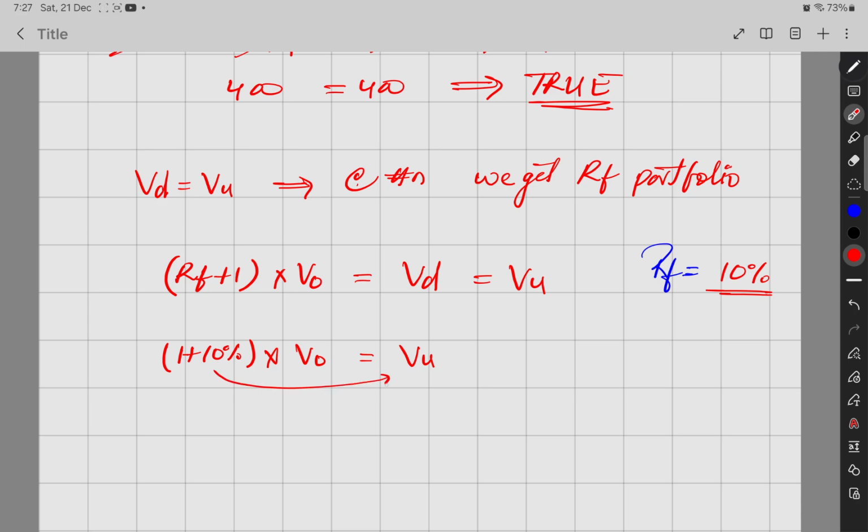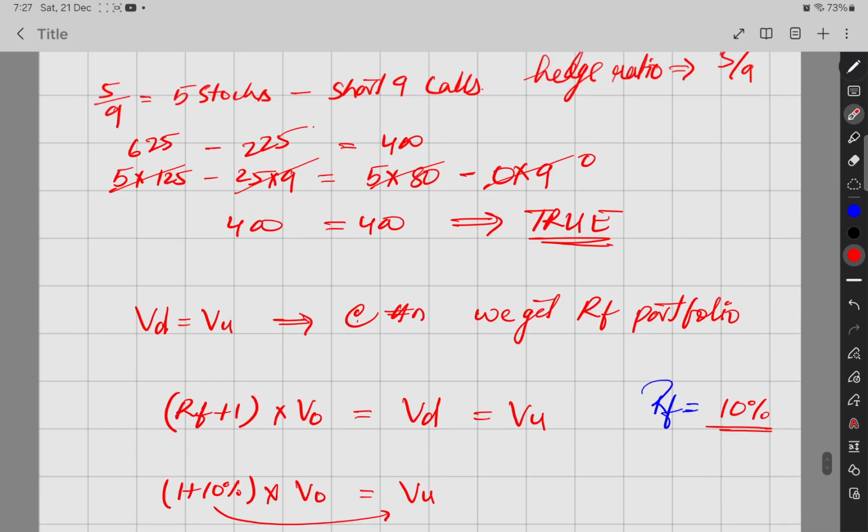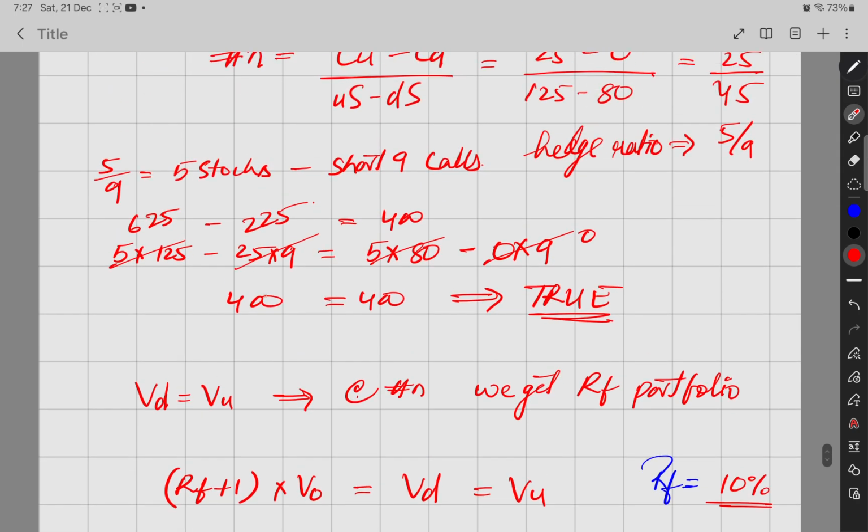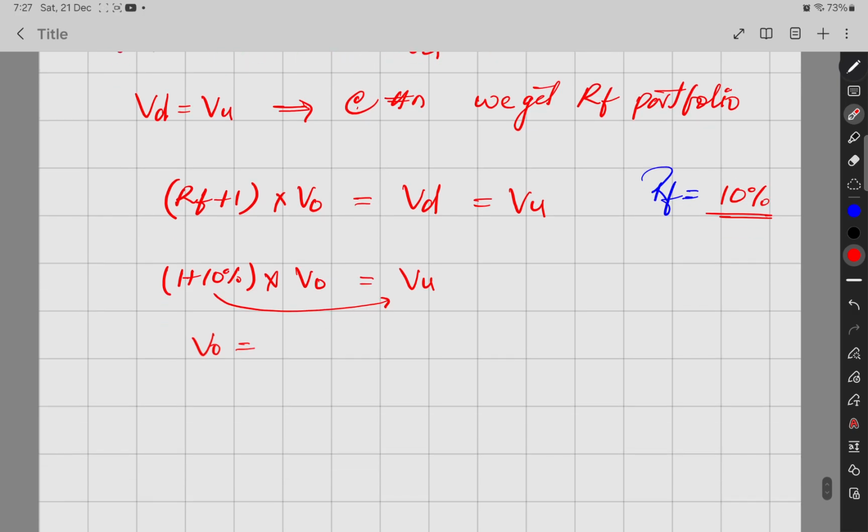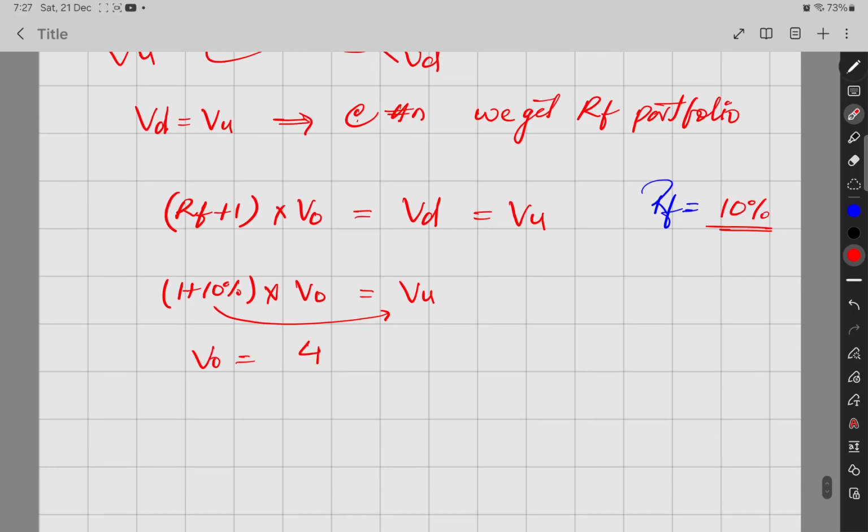So you move this down here and you get the value at 0 equals the value at upside. What was the value at upside? It was 400. This was VU and this was VD, both of them being the same. So 400 divided by 1.1.